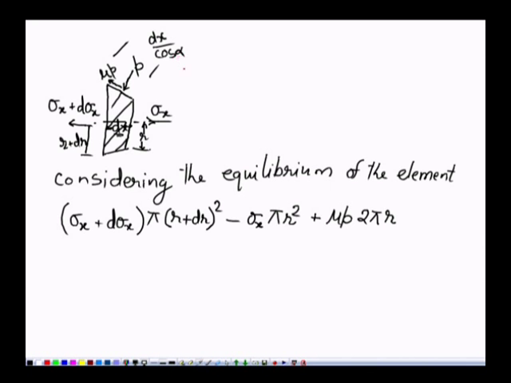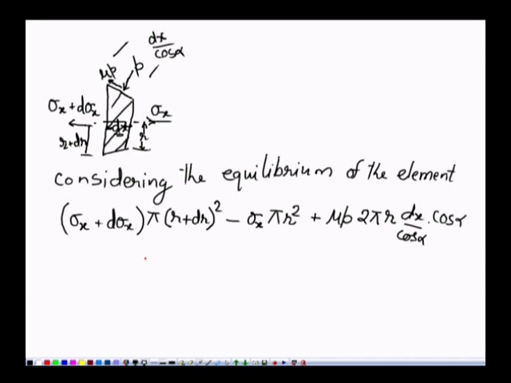So, here we can write it as dx upon cos alpha into cos alpha, because it is the component along the x direction.